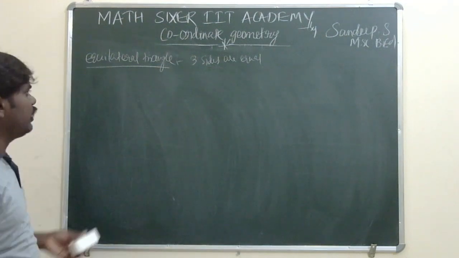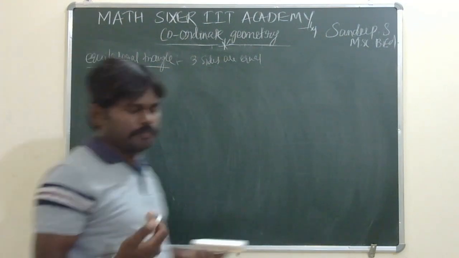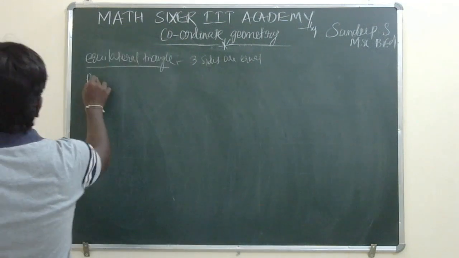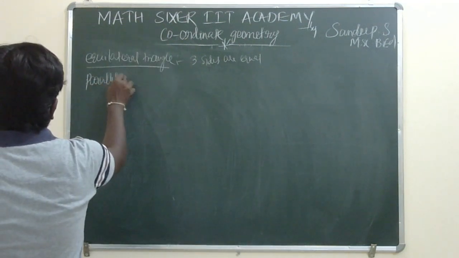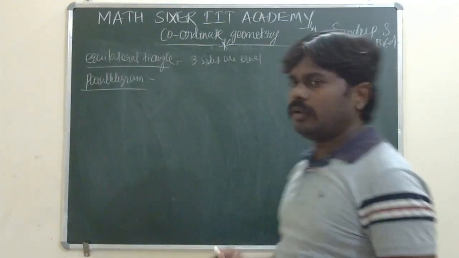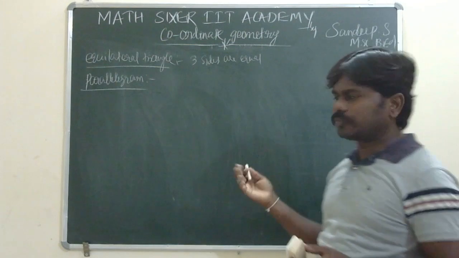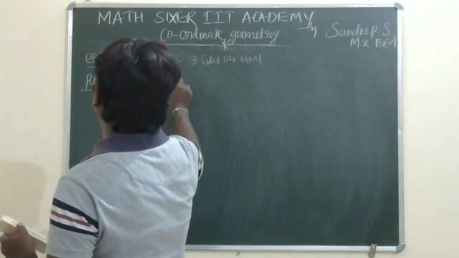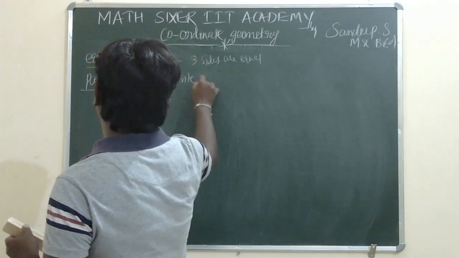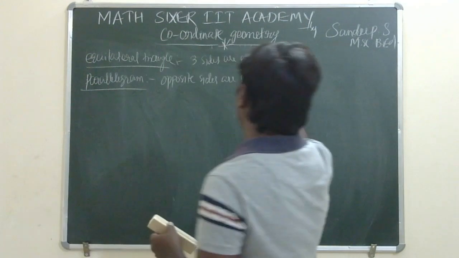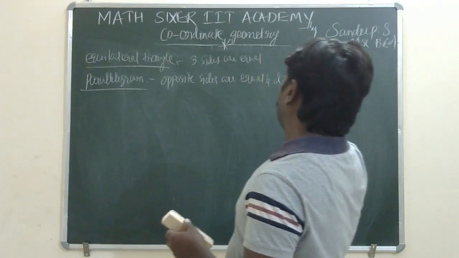Similarly, when it comes to a quadrilateral, suppose a parallelogram, when the 4 vertices are given, how to find whether the quadrilateral formed is a parallelogram? You simply have to prove that any two opposite sides are equal and the diagonals are not equal.